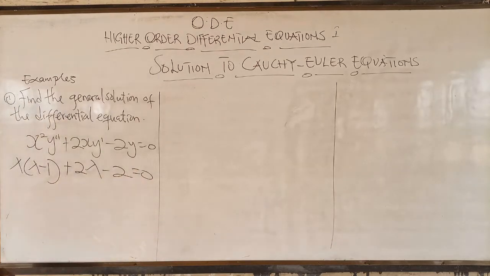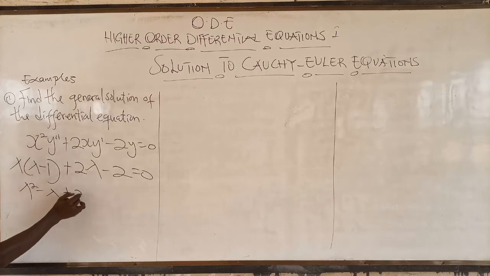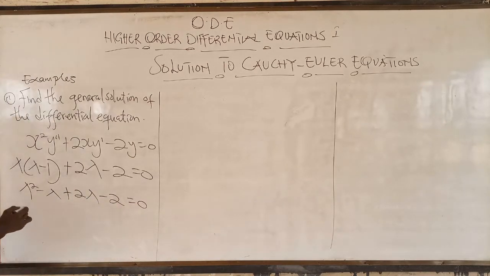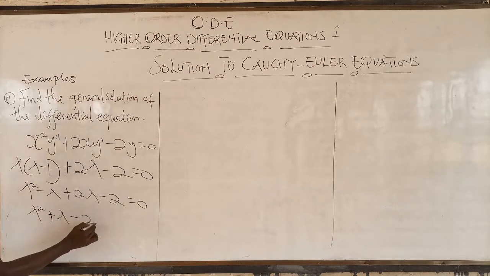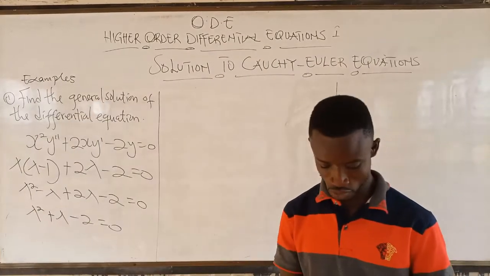Then we go and simplify it. This times this, lambda squared. This times this minus lambda plus 2 lambda minus 2 equals 0. So this plus lambda minus 2 equals 0. Then you take your calculator, do as such.